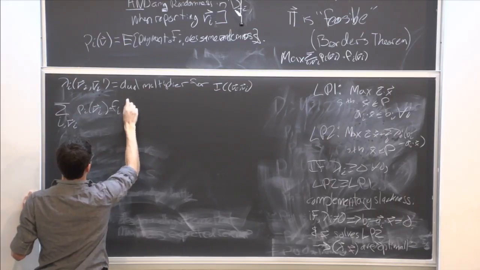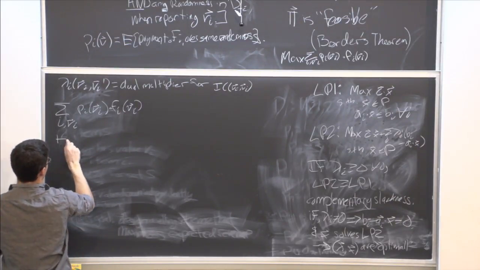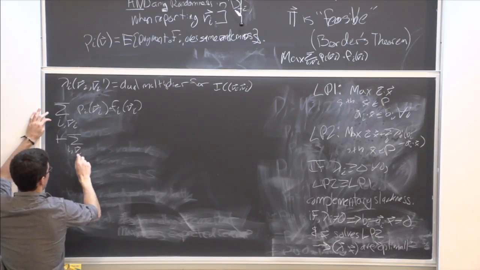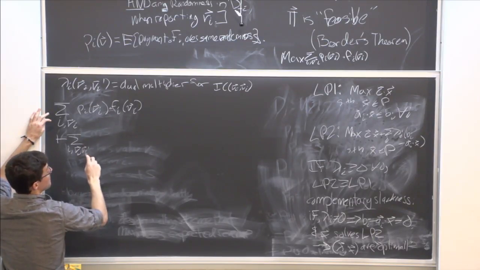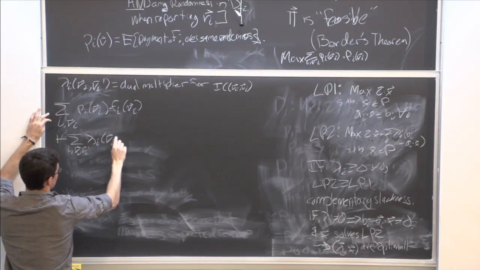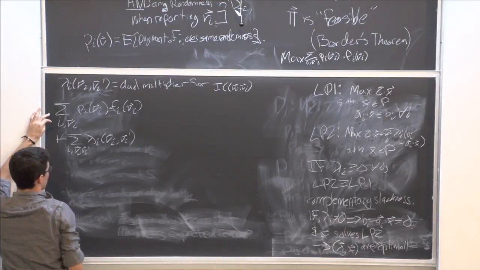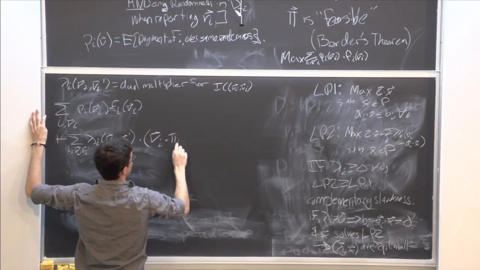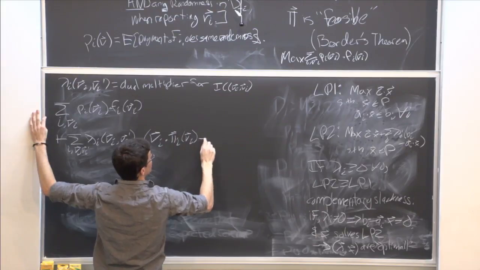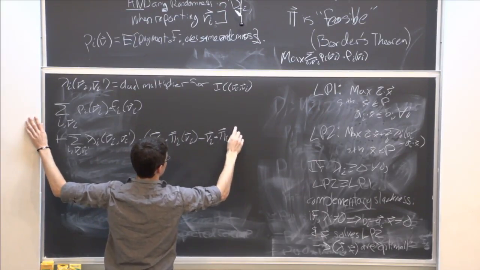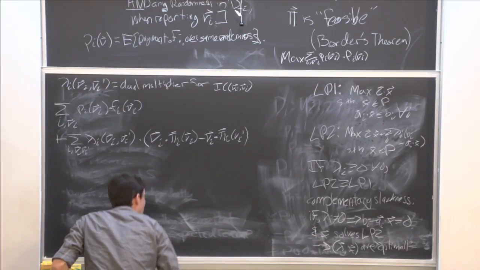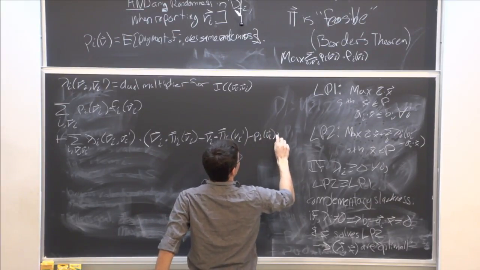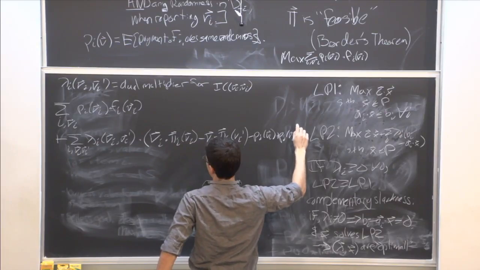So this is pi of vi, fi of vi, plus, now we have to sum over every incentive compatibility constraint, i, vi, vi prime, lambda i of vi, vi prime, times vi times pi i of vi minus vi dot pi i of vi prime, minus pi of vi plus pi of vi prime.